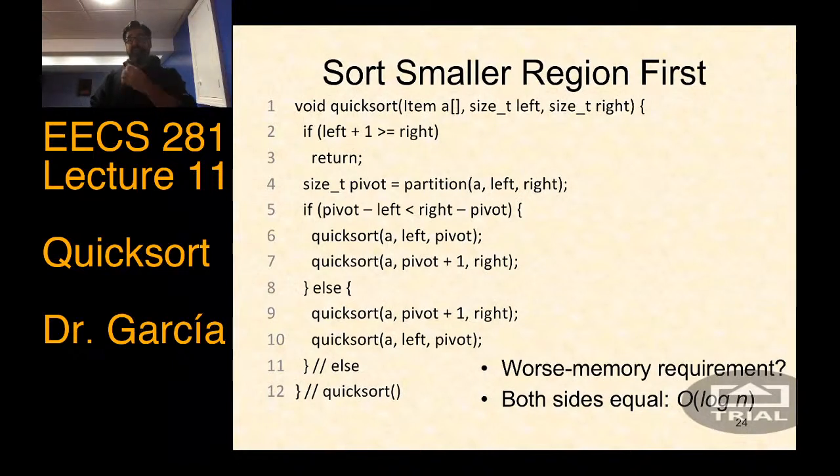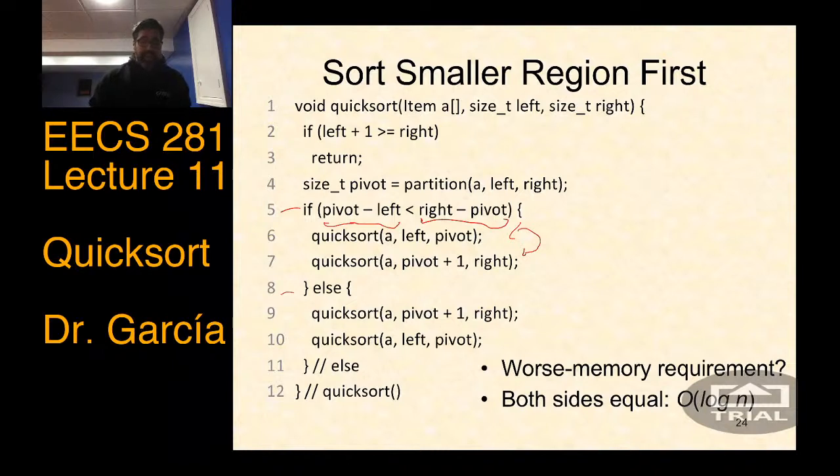Effectively all the same from the previous slide where we had our quicksort algorithm, other than we're adding this if statement right here, which is how we're choosing the order of the recursive calls, based on how many elements I have on each region of what remains to be sorted.